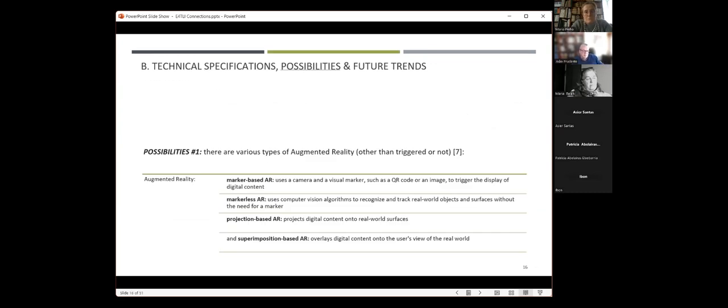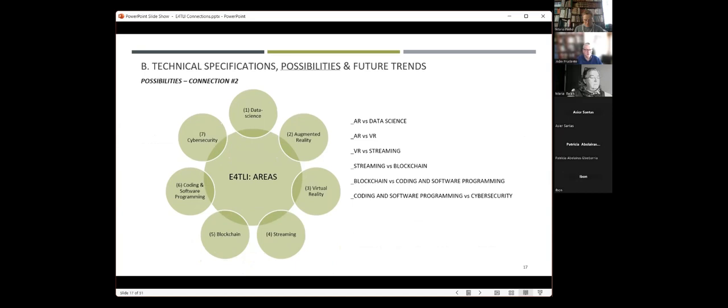And everybody uses superimposition-based AR, that is to put content onto the user's view of the real world. The tablet, for example, was not an example of this because the tablet was fully with the image, with a virtual image. Okay, it was AR because it augmented the reality of what I saw, but it was not superimposition-based AR.